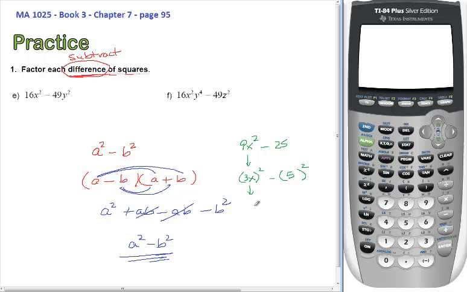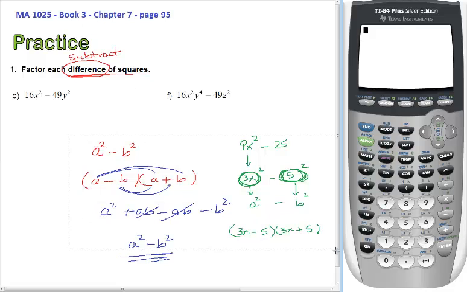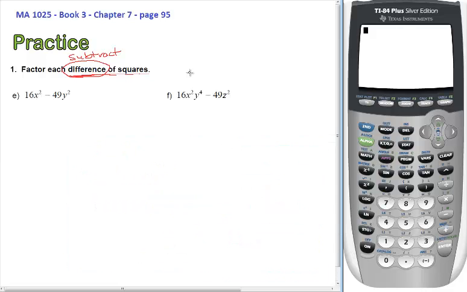So the 3x becomes your A. You can have more than one thing as A. Whatever is squared here is A, whatever is squared here is B. So the pattern A squared minus B squared would become A, 3x, minus B, 5, and then A, 3x, plus B, 5. That's the pattern. It's pattern factoring, and it works every time.